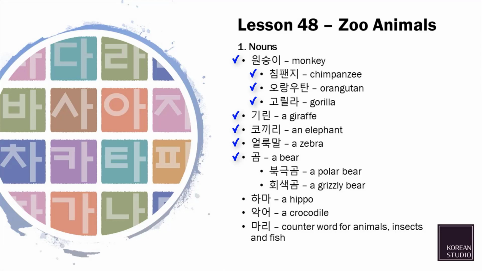And this word 곰 is used in other bear names, such as 북극곰 and 회색곰. A hippo is 하마, and a crocodile is 악어. Lastly, to count animals, we use the counter word 마리.